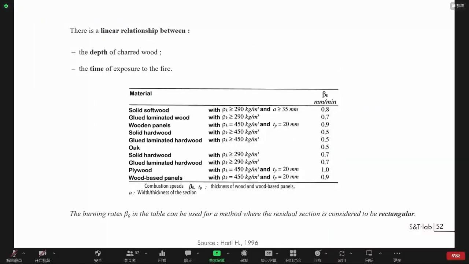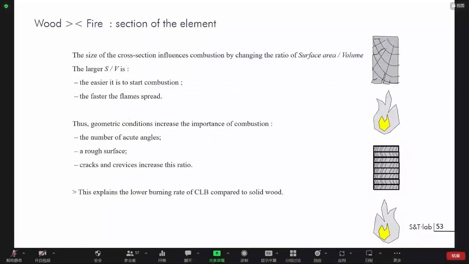You will see that lighter materials like plywood and wood-based panels have a higher progression of fire coefficient. And if you have solid softwood, you will see that this will be less for softwood and yet less for hardwood. We'll see also a difference between solid timber and glulam timber, since glulam seems to be better against fire, and this can be explained quite easily with the parameter of these burning rates.